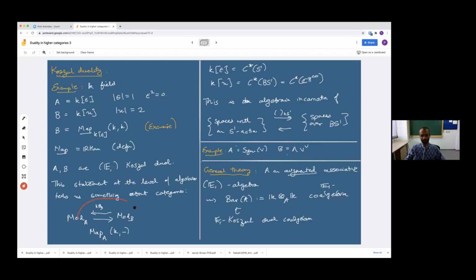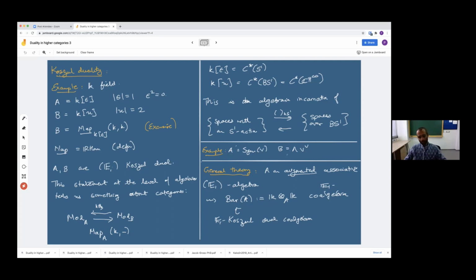Namely, you have an adjunction of categories from mod A to mod B. In one direction, it's the mapping complex, underline.